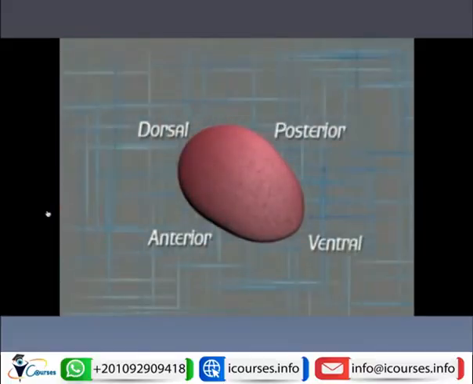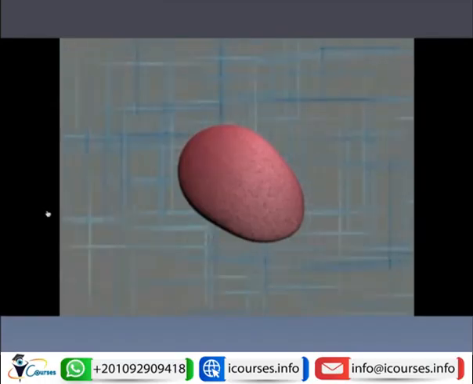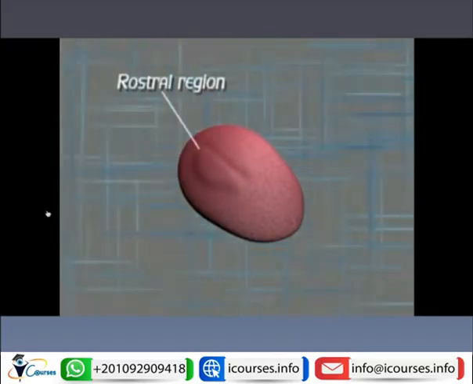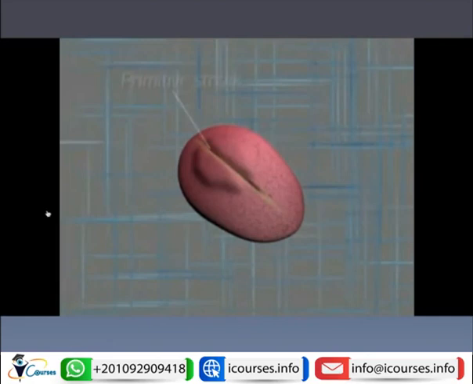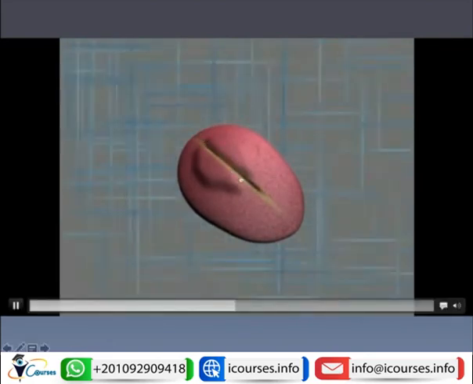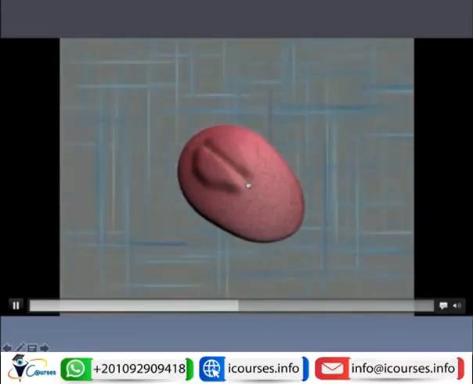It is represented by a slight enlargement of the ectodermal and endodermal cells at the rostral or head region. Within the ectoderm, a structure called the primitive streak develops along the midline. This is a narrow groove with slightly bulging sides.